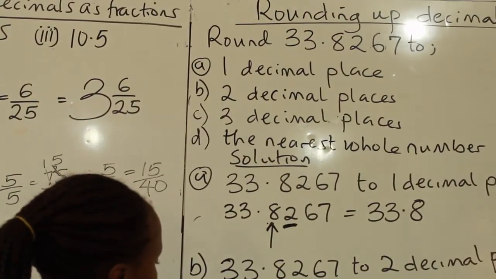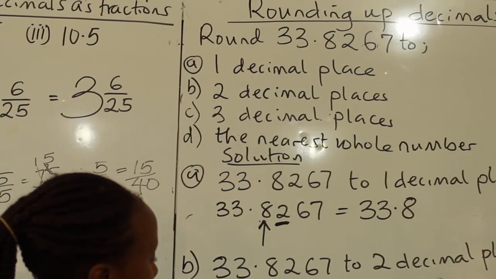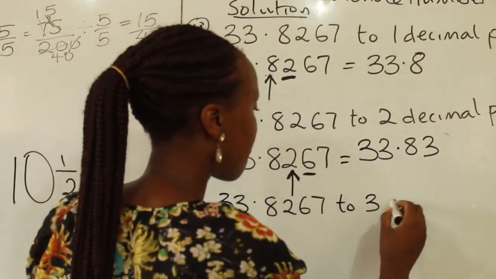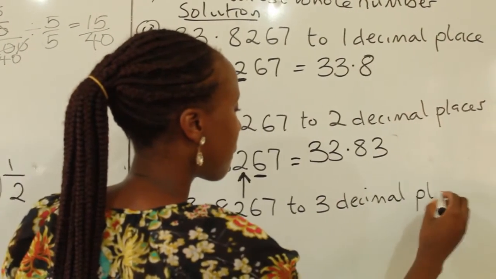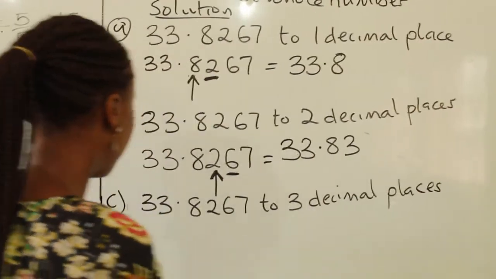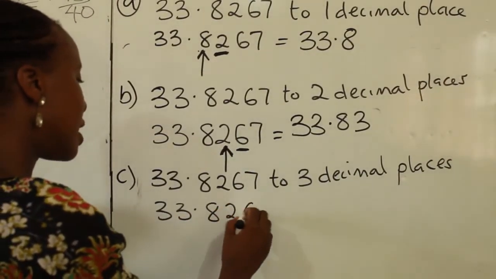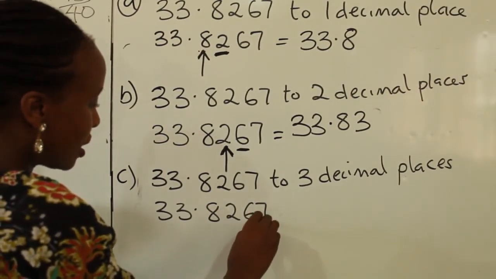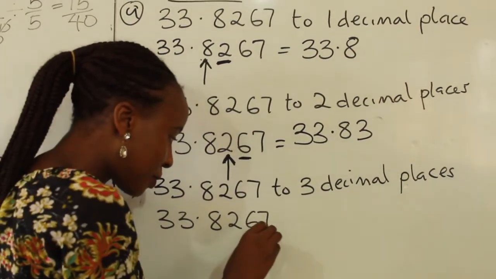The C part is to change 33.8267 to 3 decimal places. This number is the 3rd decimal place, and the number nearest to it is 7.